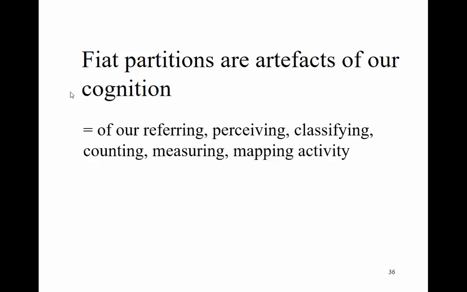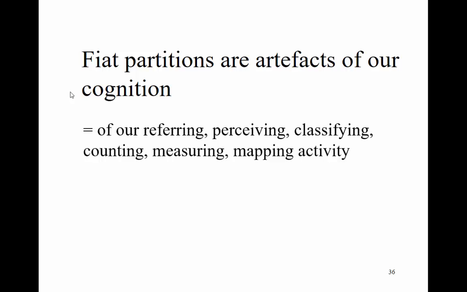We create then all kinds of fiat partitions. And we do this whenever we refer to anything, whenever we perceive anything, whenever we classify, count, measure, map. All of these things are ways of partitioning. All of these involve partitioning reality. We can't perceive anything without separating the thing we perceive from its environment.